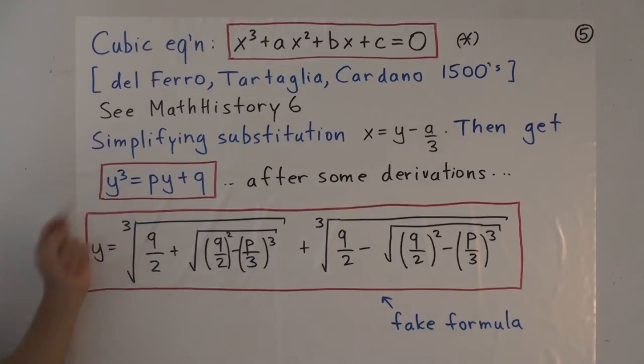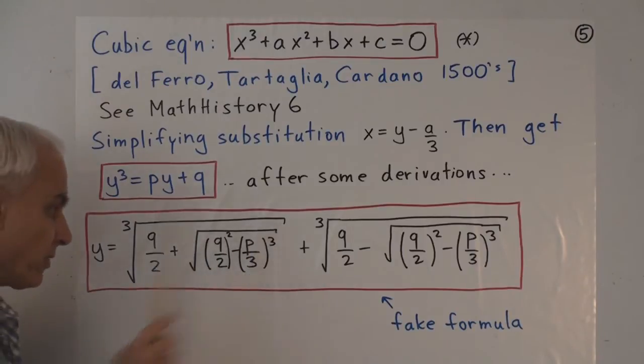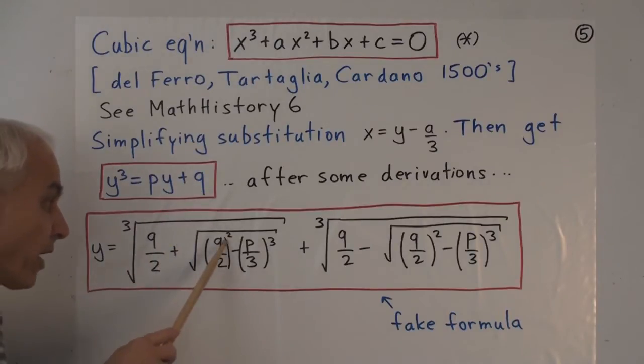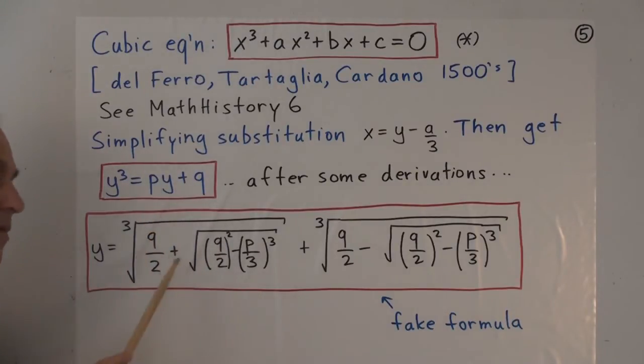It's telling us what y is in terms of this number p and this number q. So there's a cubed root of q over 2. So this constant term divided by 2, plus a square root. And what's inside the square root is the difference between q over 2 all squared and p over 3 all cubed.